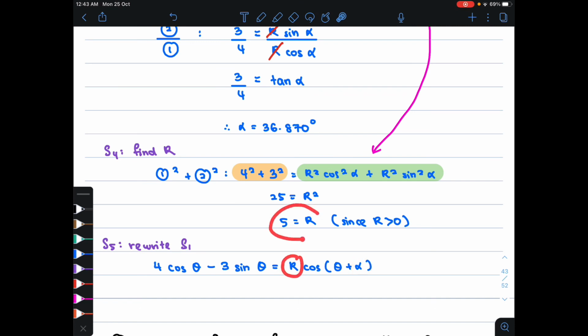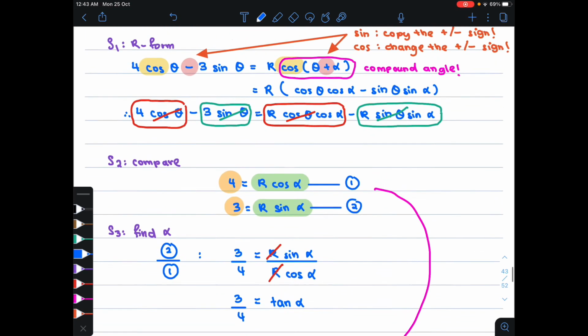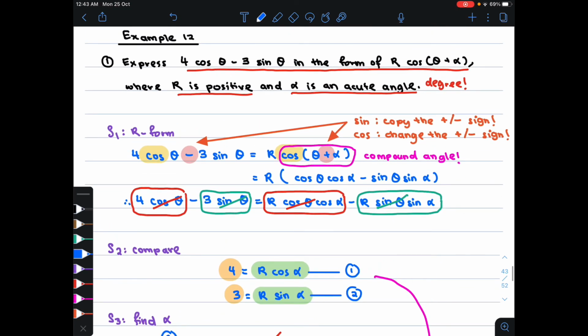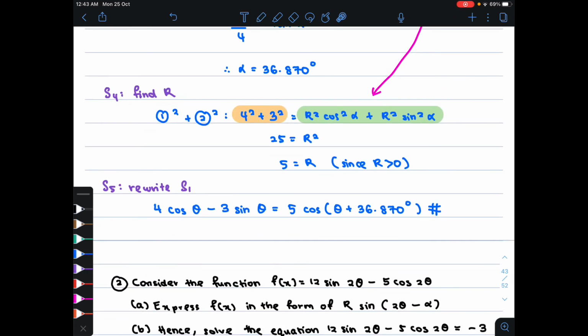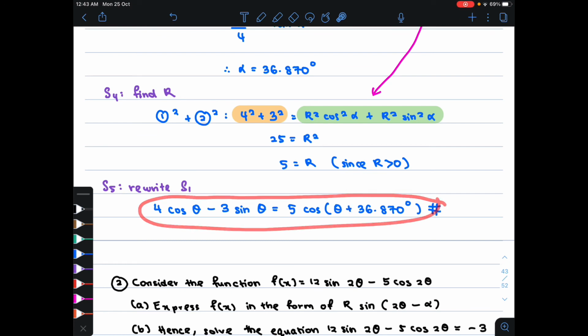So r is 5 and alpha is 36.870. Don't forget that for this question, we should leave alpha in degree, and alpha is in degree already. So this is our r form for this question.